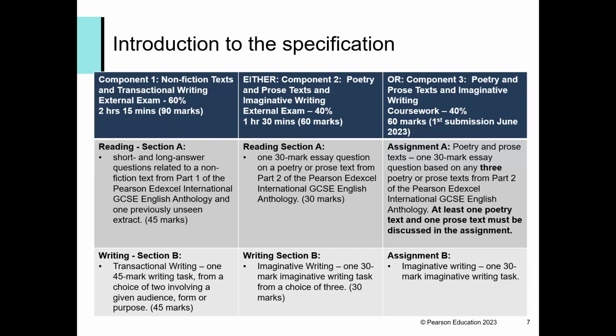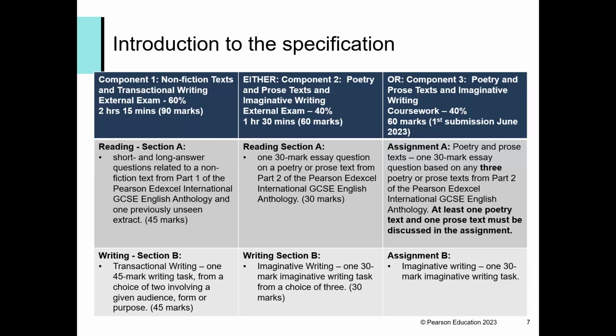The 2-hour, 15-minute exam has 90 marks. So there's a reading section and a writing section. The reading section has 5 questions. They're a mixture of short and long answer questions, and they're related to a non-fiction text from part 1 of the anthology and 1 previously unseen extract.